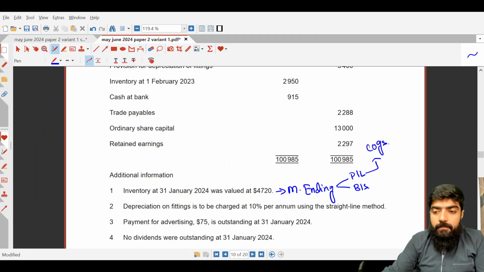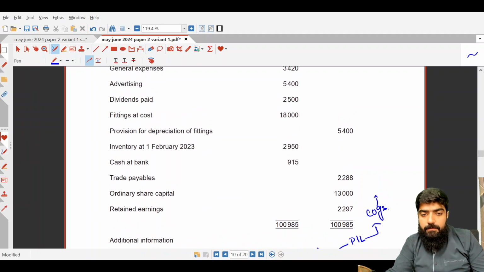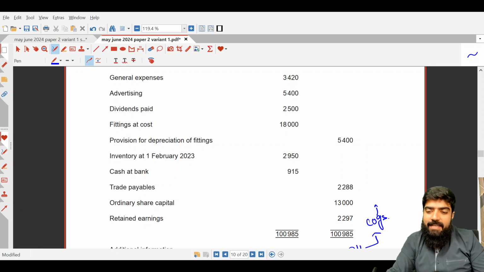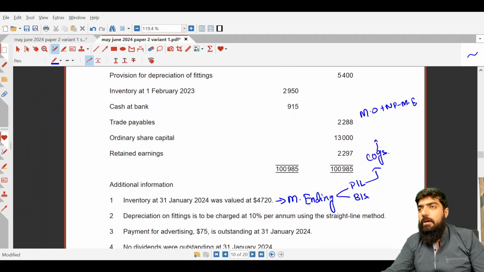And in cost of goods sold we have three main important items. Do you remember? Opening inventory, net purchases, and ending inventory. So it means this ending inventory will be included in the cost of sales.